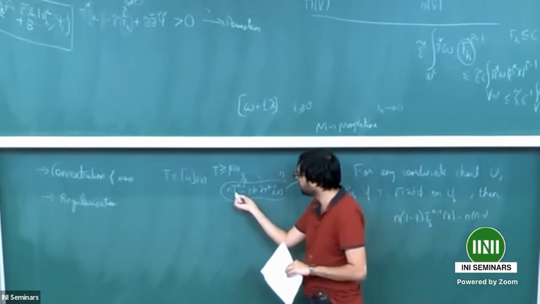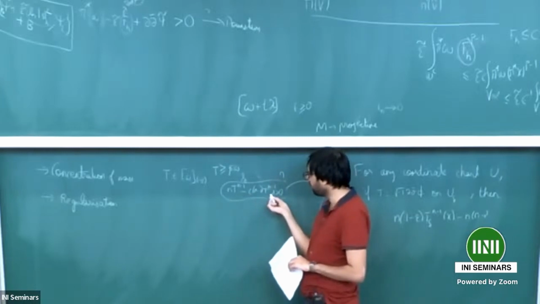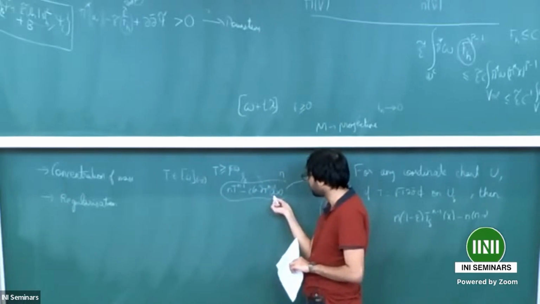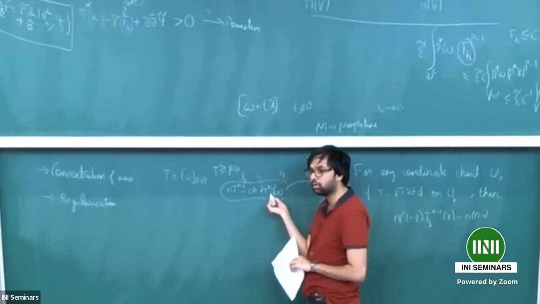If you take the convolution here, this is a nonlinear expression, and this is also not constant. So how do you deal with that?